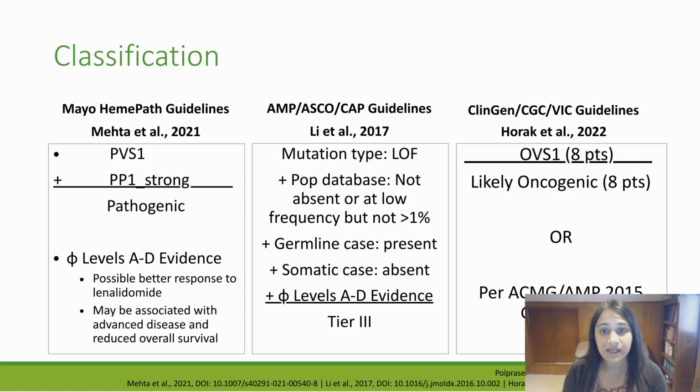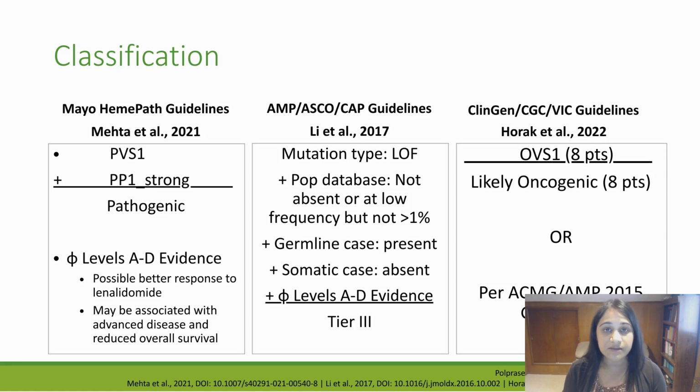Now let's compare this classification to the standard at the time, the AMP-ASCO-CAP 2017 guidelines, as well as a new publication from ClinGen, the Cancer Genomics Consortium, and the Variant Interpretation for Cancer Consortium. AMP-ASCO-CAP guidelines indicate that the variant type does align with Tier 1 or Tier 2, but there are no somatic cases of this variant.